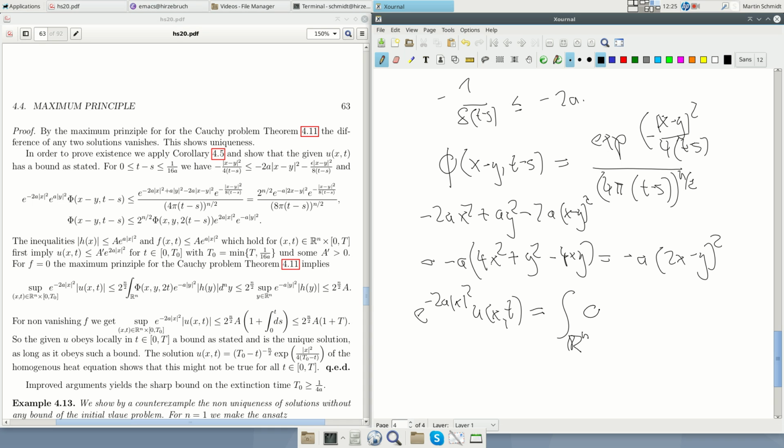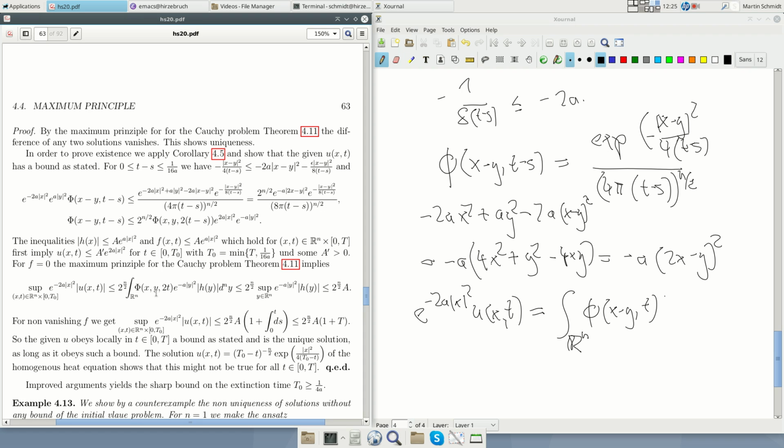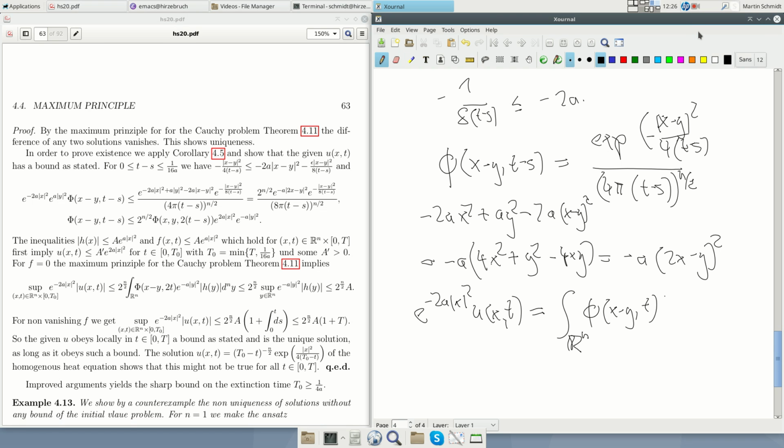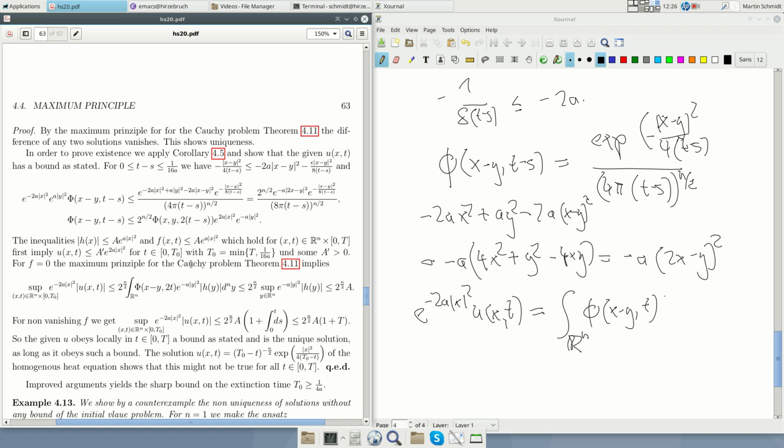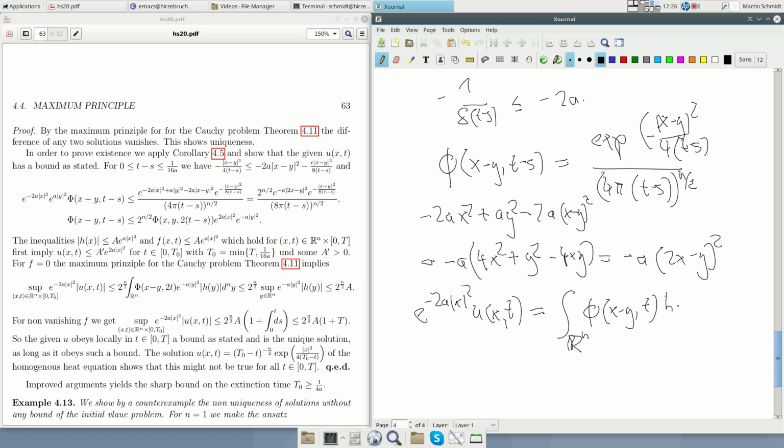So this is phi of x minus y, t minus s, but s is 0 here, so it's just this factor. Okay, here's again a mistake, I corrected this. So we have this integral times h of y dy. Now we may estimate this in absolute values.